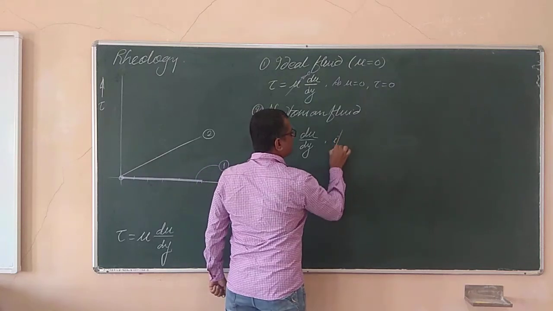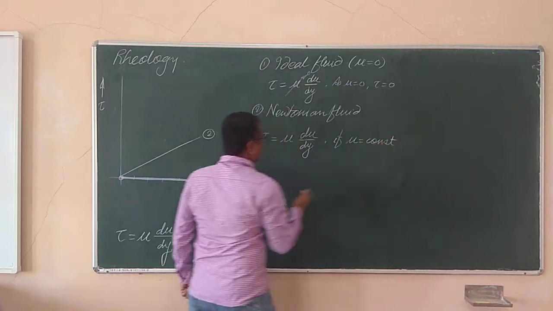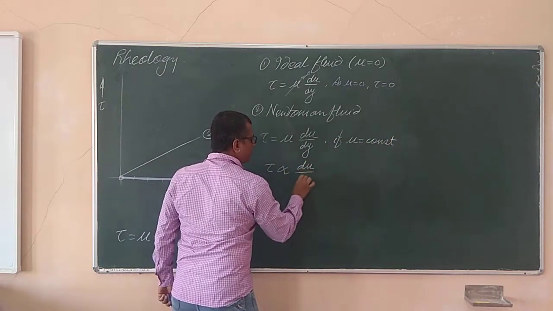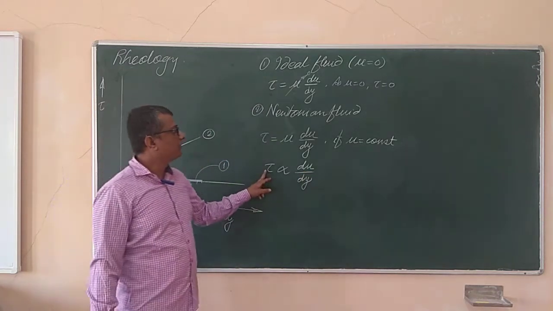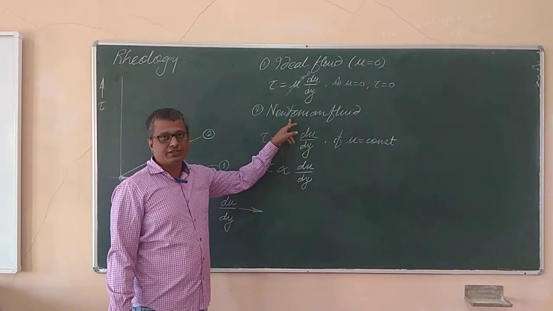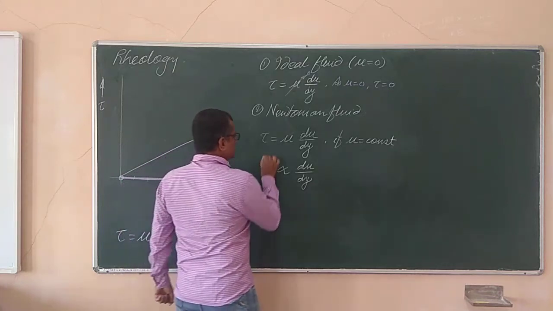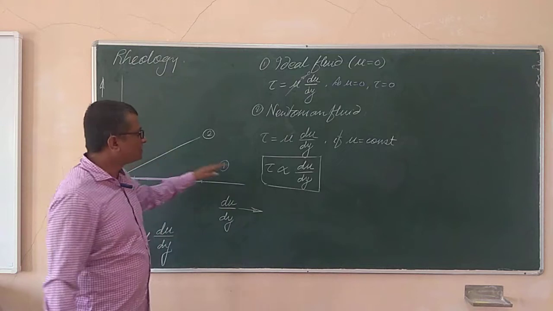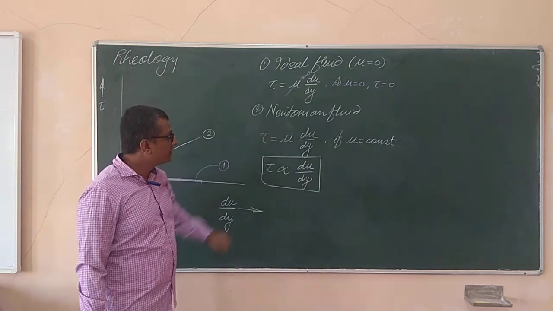If mu is equal to constant, then tau is proportional to du by dy, that is the shear stress between the two fluid layers is directly proportional to the velocity gradient, and that is what the Newtonian fluid is, right? This is Newton's law of viscosity, and as the fluids follow this particular law, we say these fluids are Newtonian fluids, right?